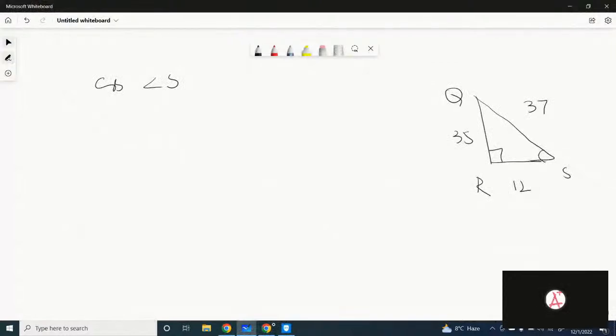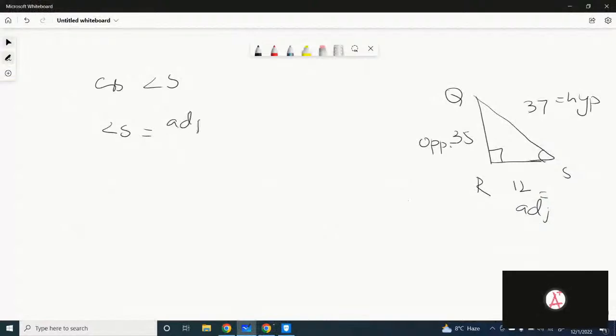So here is angle S. Opposite, adjacent, and hypotenuse are the terms. Cos of angle S is adjacent divided by the hypotenuse.